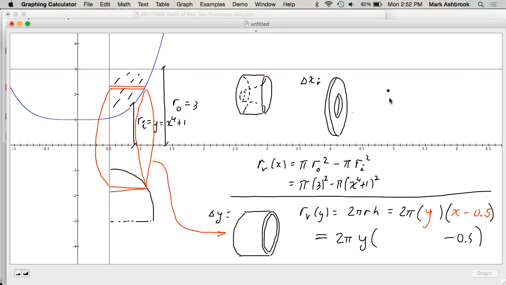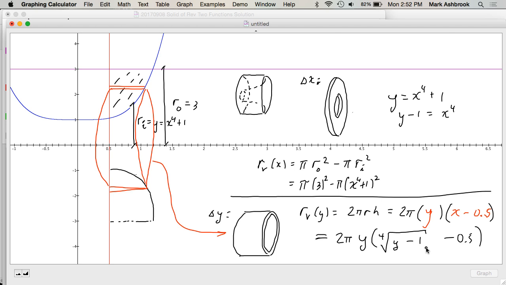So we've got y equals x to the fourth plus 1. And I need to get what is x in terms of y. First step, subtract 1. Next step, fourth root of y minus 1. That's what x is. x does not equal x to the fourth plus 1.